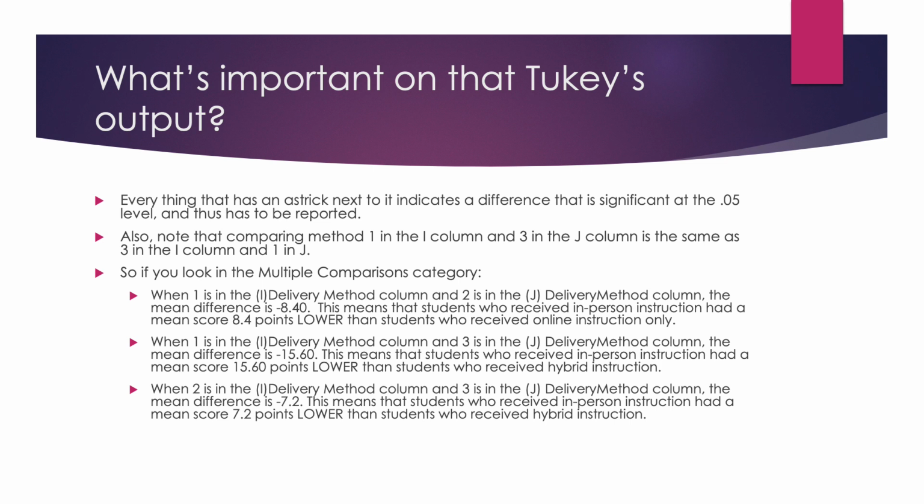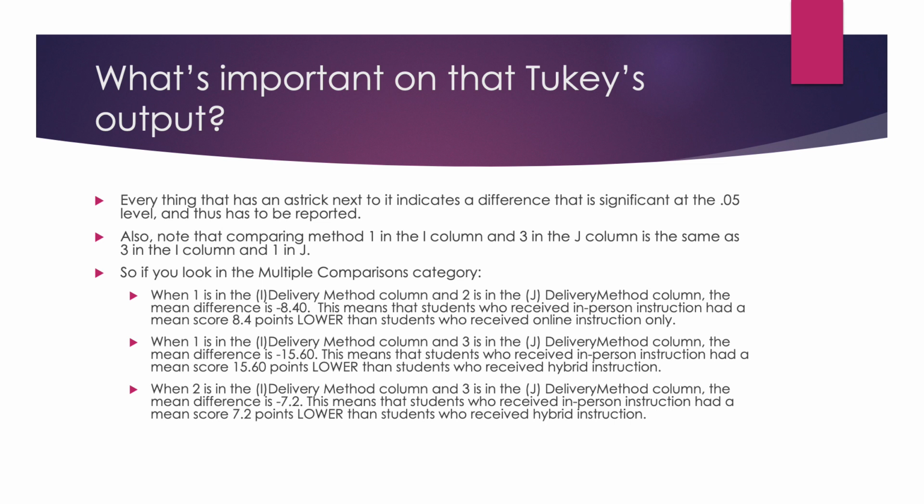If something doesn't have an asterisk next to it, it doesn't need to be interpreted. But at the same point in time, Tukey's outputs also compare the outputs twice, essentially, or make the comparisons twice to each other.